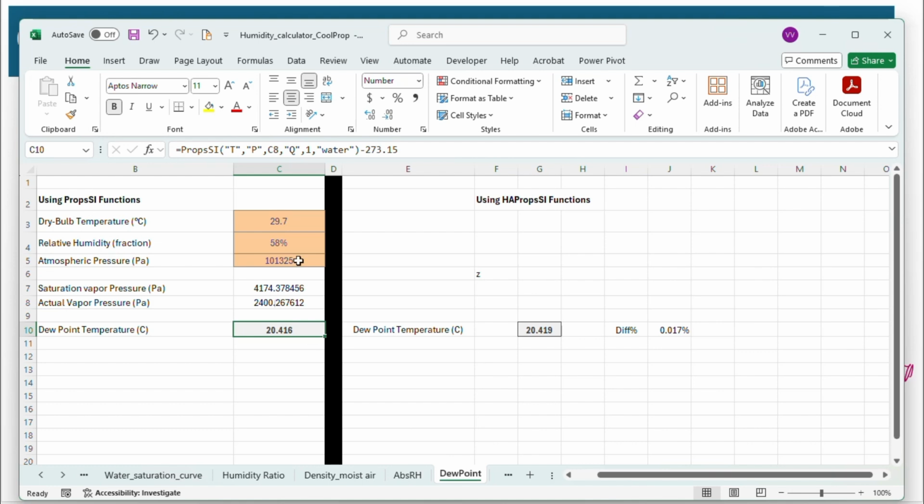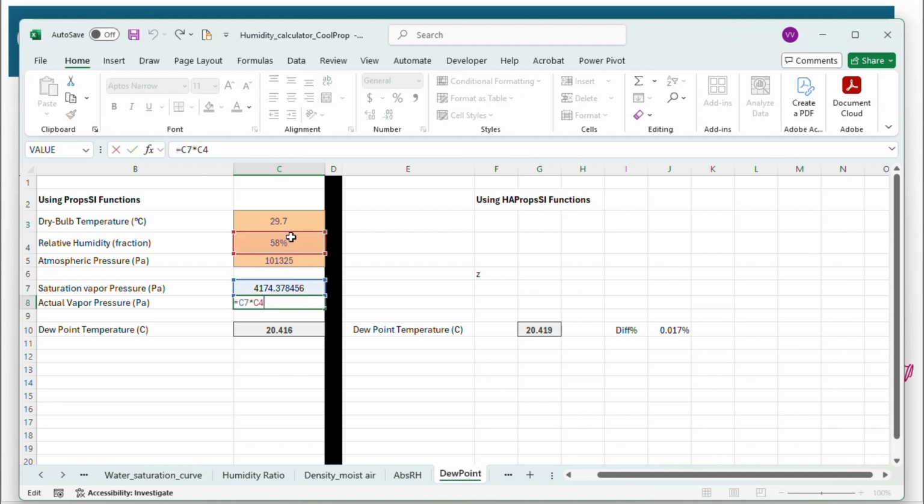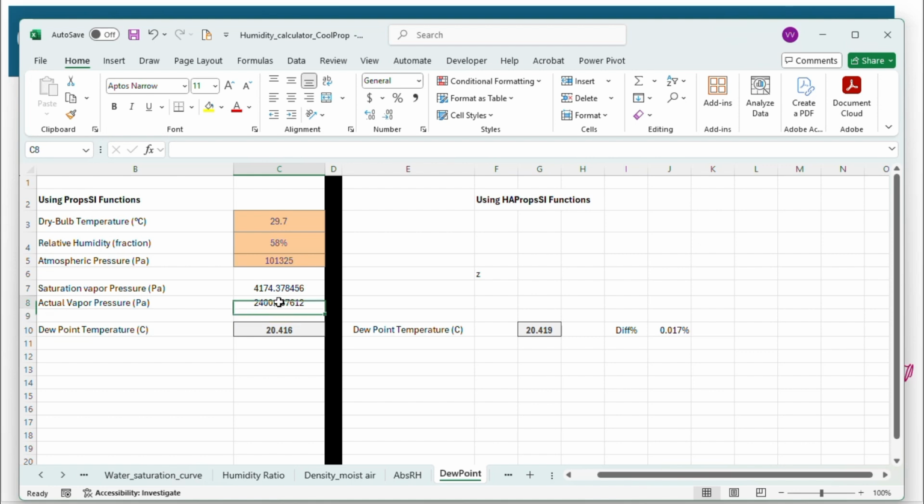All right, so for dew point, you have dry bulb, relative humidity, and atmospheric pressure. You calculate the saturation pressure at dry bulb, which is 29.7 as I've given here. And the actual pressure will be just multiplying this with relative humidity. Once you know that, you can calculate dew point using the saturation function again.